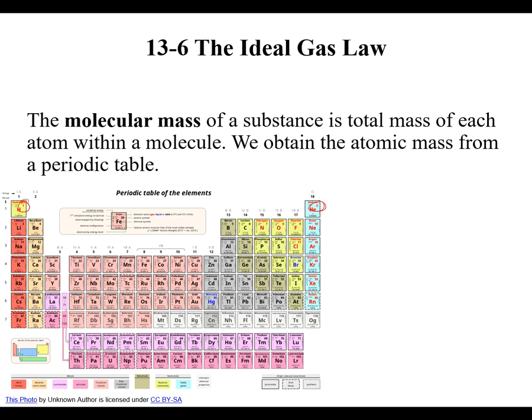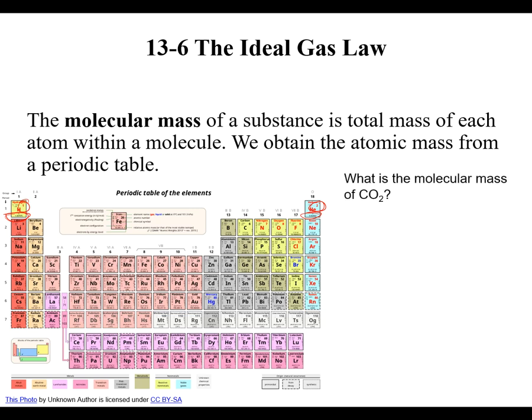That's the atomic number. It talks about how many protons are in an atom. But underneath there is a decimal number. For hydrogen, it's 1.00 something or other. But for helium, it's 4. Those numbers are the atomic mass. They talk about the total mass of the nucleus of that atom, protons plus neutrons.